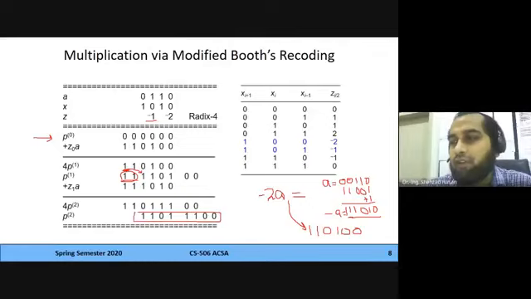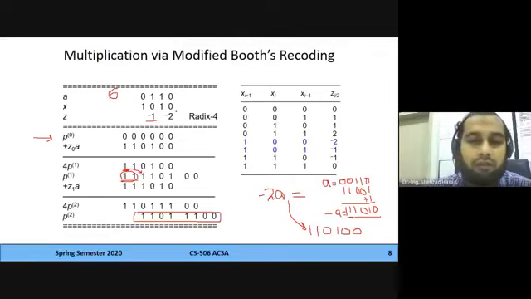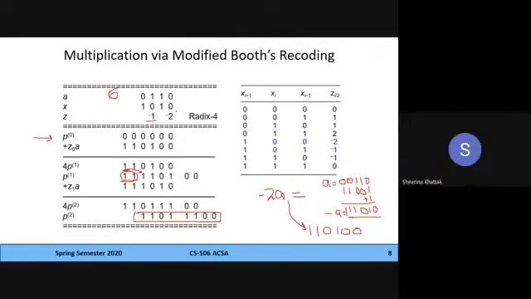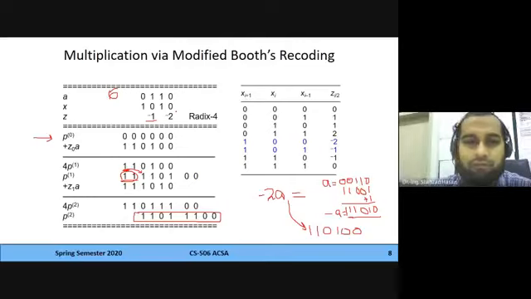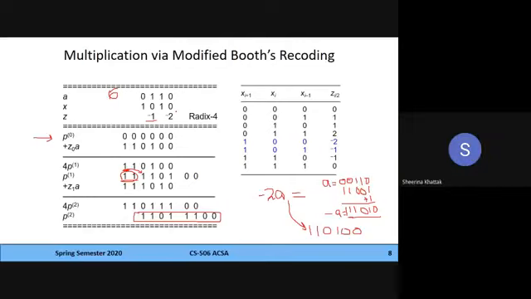Then you need a final shift to make it complete in 8 bits. Let's check whether we have obtained the right answer, because we have just used 2 steps to get this answer. Our number was 6 here, plus 6, that we need to multiply it with. What is this number? 1010?